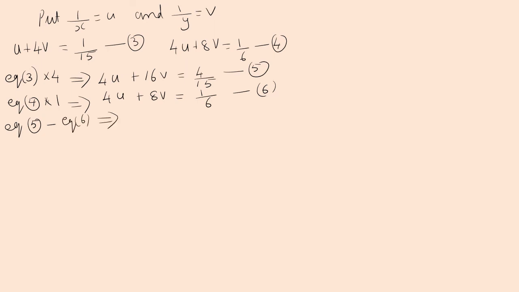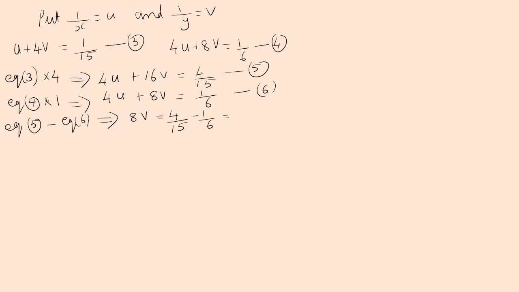That gives 4u minus 4u is 0, 16v minus 8v, that is 8v equal to 4 upon 15 minus 1 upon 6.